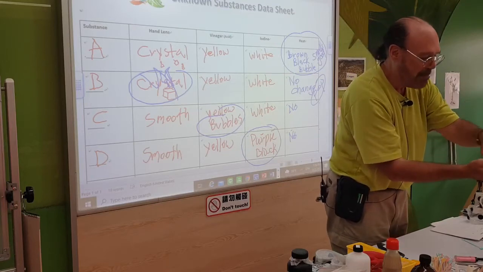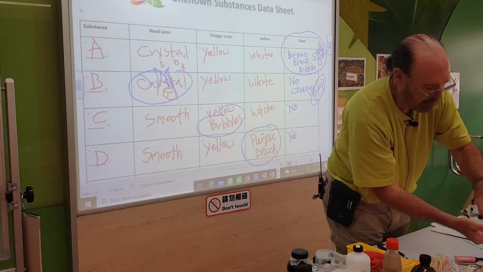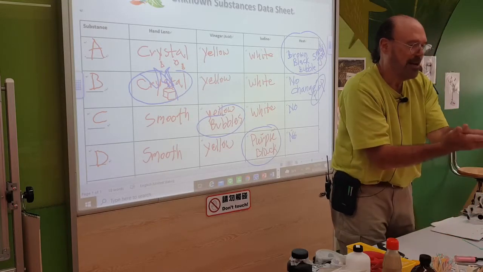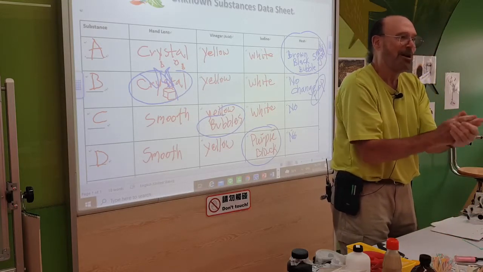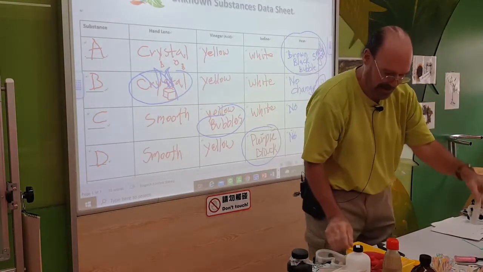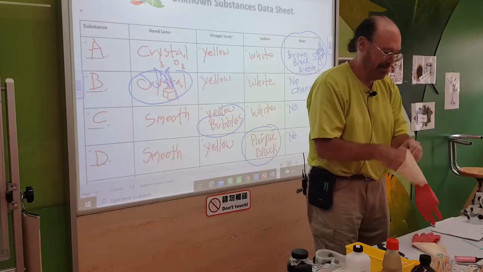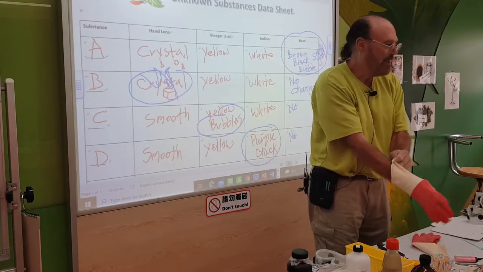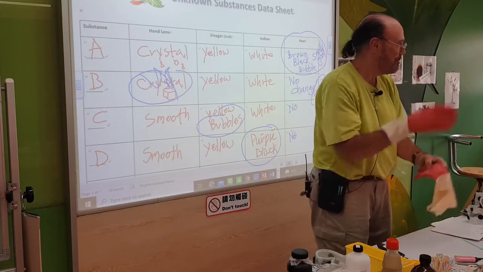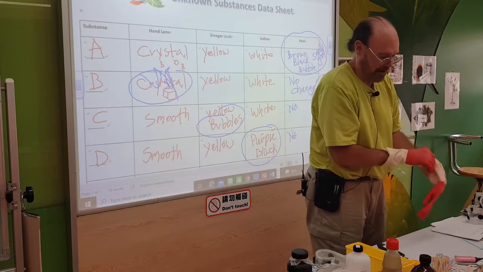But the reason I'm going to put it on my hands, because, oh, nice and smooth. I don't want to put salt on my hands. I want to put D on my hands, because it makes it easier to put these on. Have you ever had your hands wet and tried to put these on? Impossible.